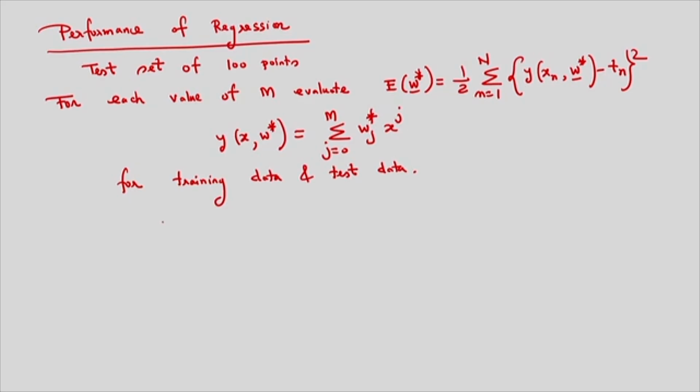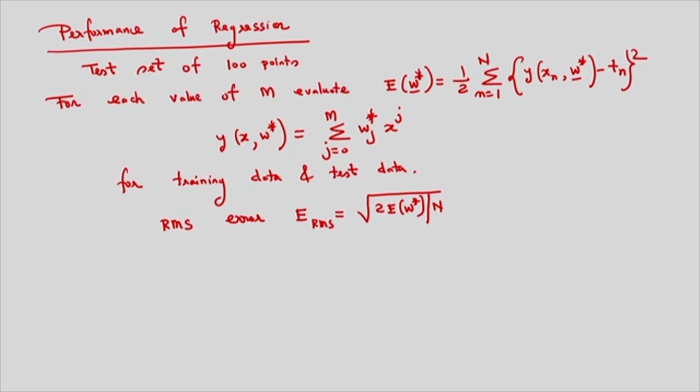Corresponding to this, we can determine the RMS error, the root mean square error, that is E_RMS equal to the square root of 2E(w star) divided by N. In this case we are dividing by N, which means the division by N allows different sizes of N to be compared on equal footing.